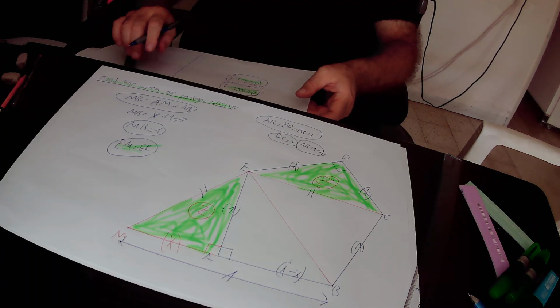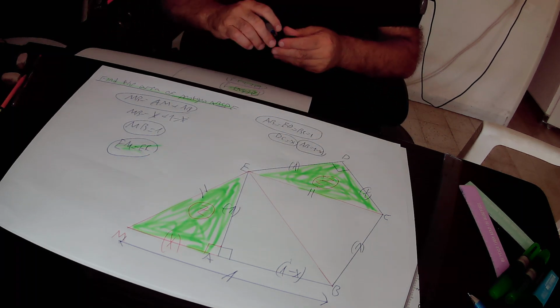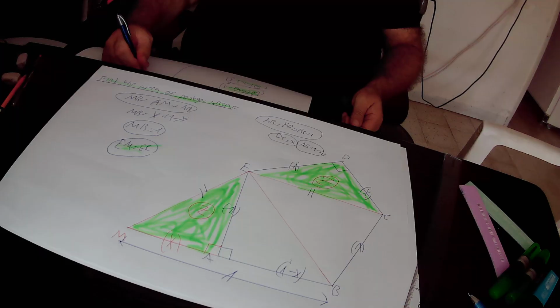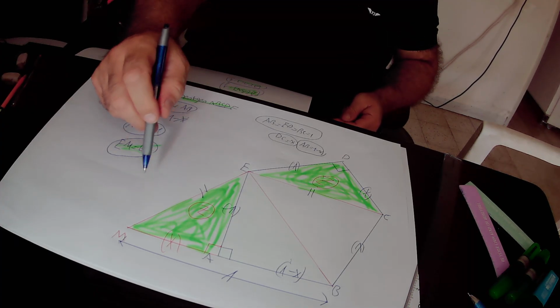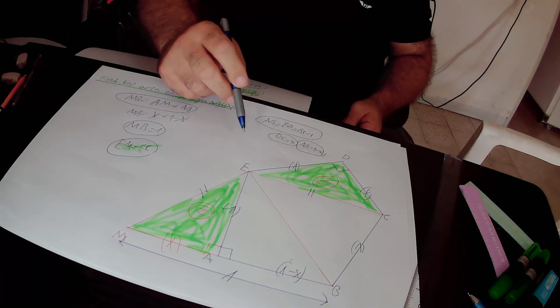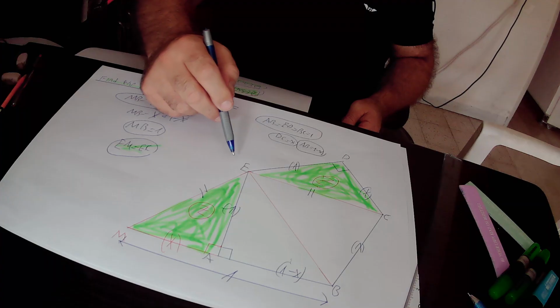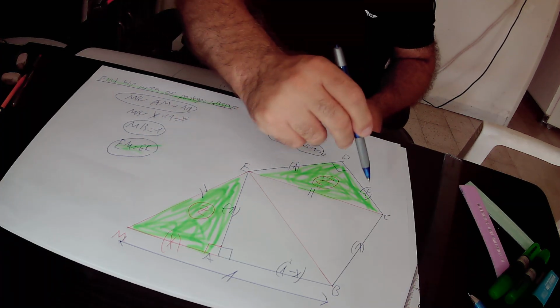What is the area of the big quadrilateral EMBC? Quadrilateral EMBC consists of two shapes. It consists of triangle EMB and also triangle EBC.